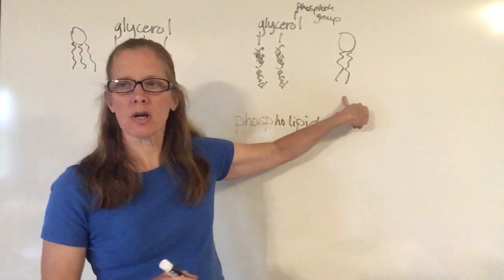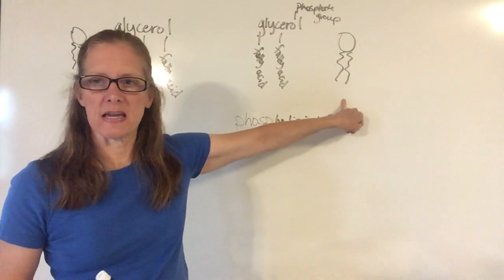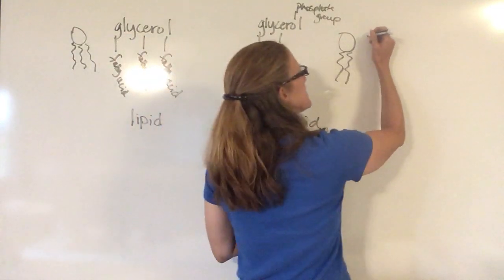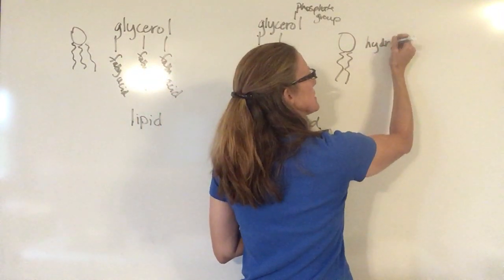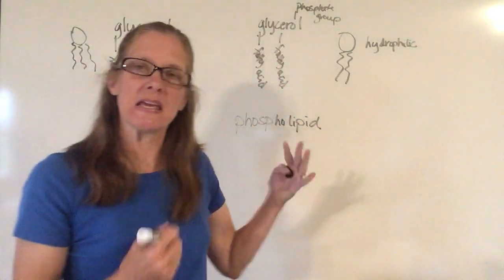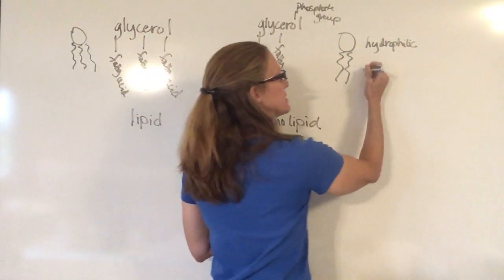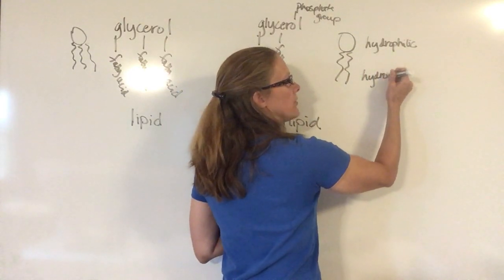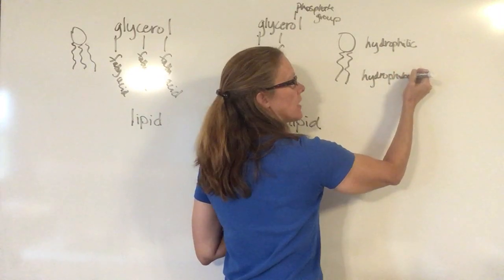And so if I look at this, this is the phospholipid, but this end up here is hydrophilic, which means it's water-loving, it likes water. But this end down here, remember, that's because of the phosphate group on the other end, this end down here is hydrophobic.